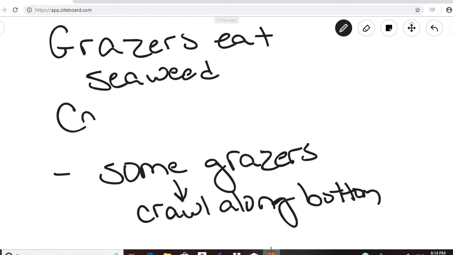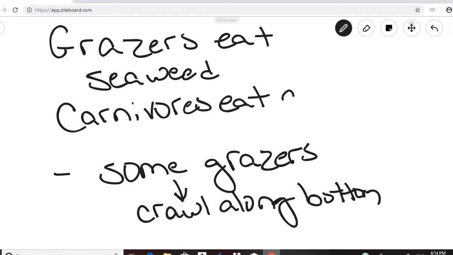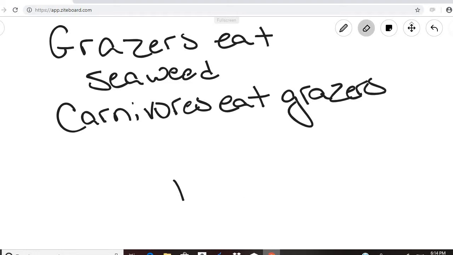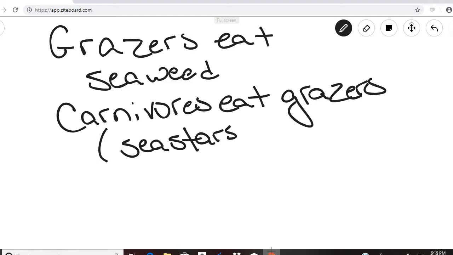In terms of the carnivores that you might get, there'll be things like sea stars, snails, crabs, lobsters.